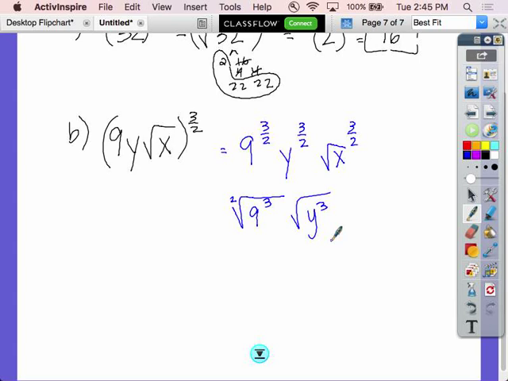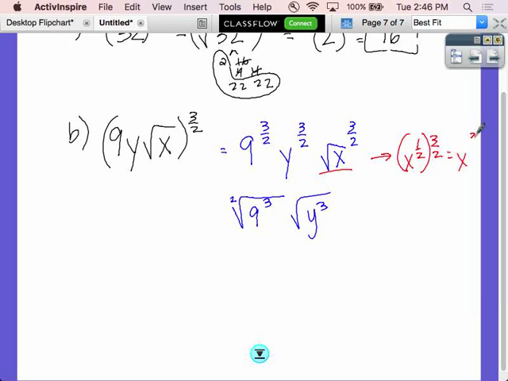It's not x to the third. If we go over here to the side and just think about this part right here, that's x to the 1/2, and we're raising it to the 3/2. So it's really x to the 3/4. Yeah, that's confusing.